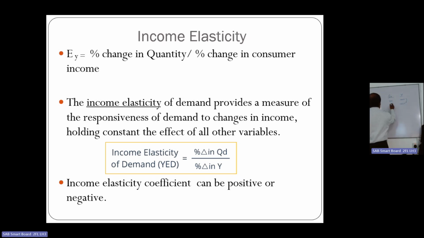Change in demand is 500 minus 400, that is 100. Change in income is 500, multiplied by the income of 1,000. Earlier demand is 500.